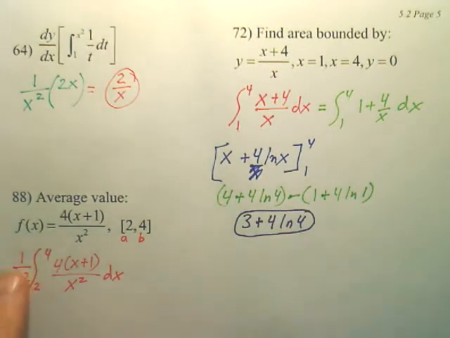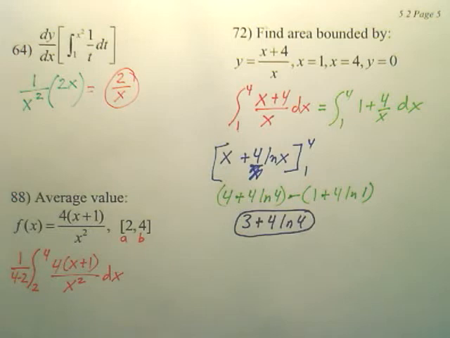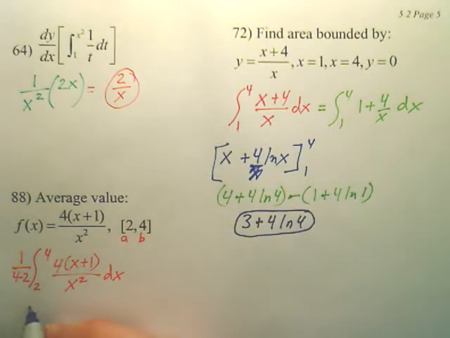If I do this, 1 over 4 minus 2, that's the average of the whole area. This is averaging the area, basically dividing by 2, because the width of the shape is 2. And so basically you end up with 1/2 integral from 2 to 4.